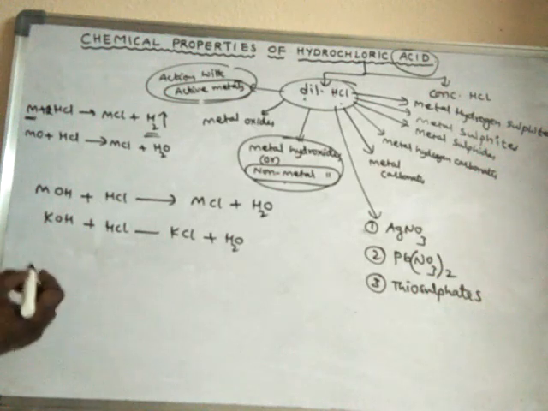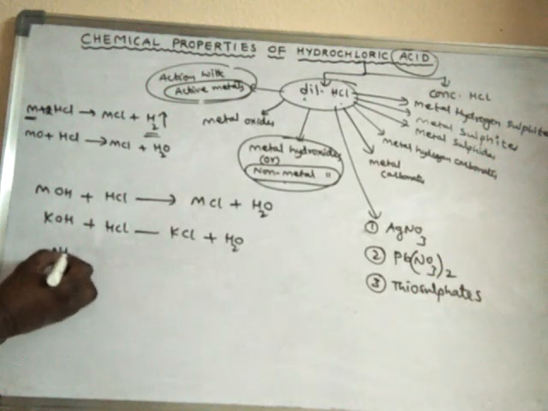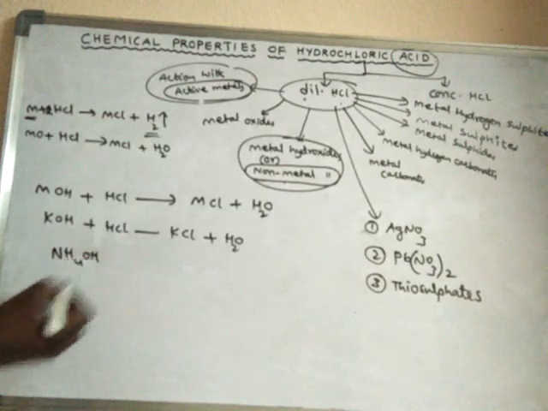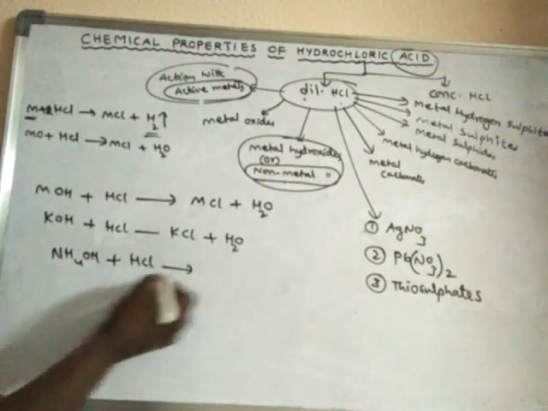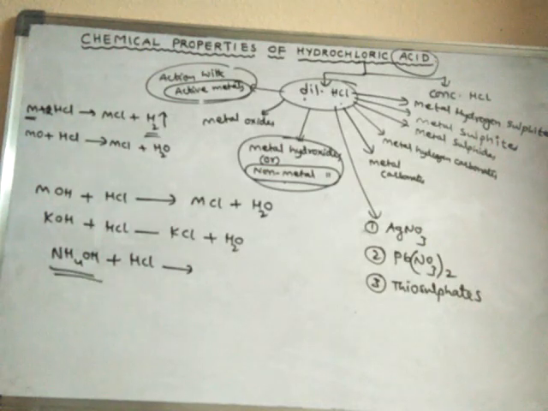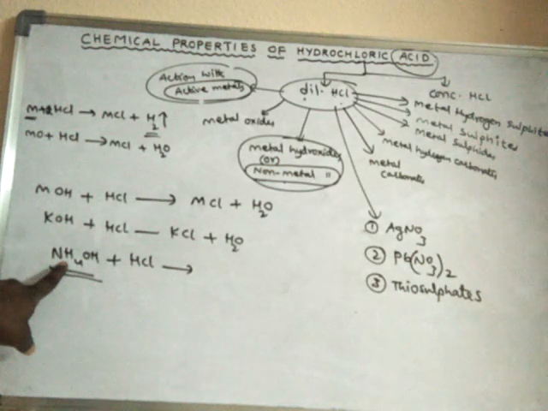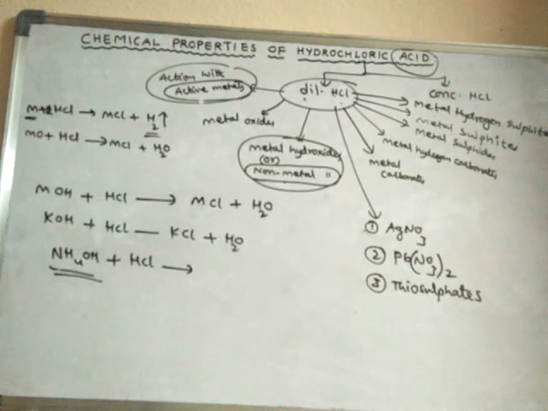Even non-metal hydroxides will react with dilute hydrochloric acid, like ammonium hydroxide. Generally metal hydroxides are bases, but only ammonium hydroxide is the non-metal hydroxide which is a base.